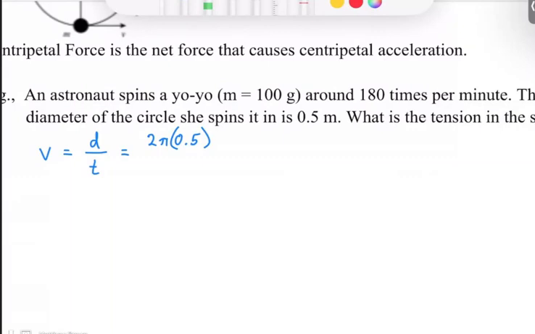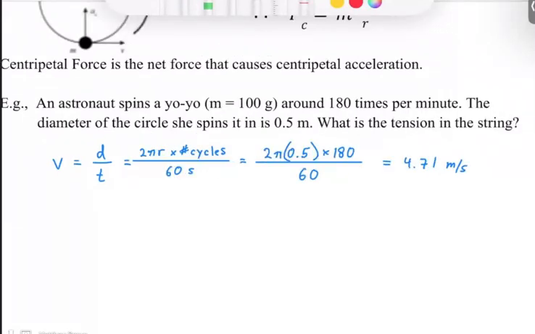It's gone a distance of that times 180. And 1 minute is 60 seconds. So that means that the speed is 4.71 meters per second. All right, so I'll write that in there just to be more clear with what we're doing.